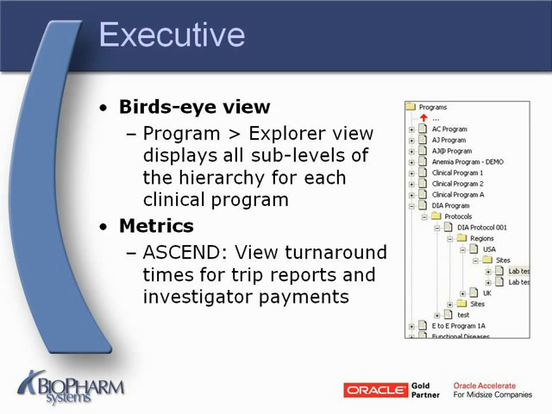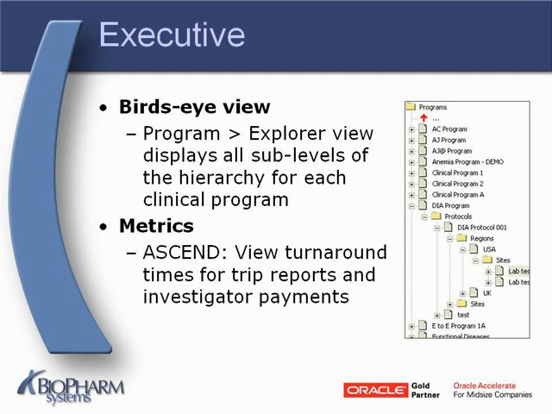So you can actually see and target, if you have specific goals, that a trip report needs to be submitted 2 weeks after the visit is complete, and then the approval needs to happen 2 weeks after the initial submission. If you have certain goals in-house for those specific turnarounds, then through these metrics you're able to say, show me all of the site visits that took longer than 2 weeks, or trip reports that took longer than 2 weeks to get submitted.